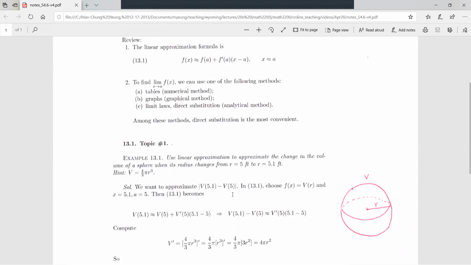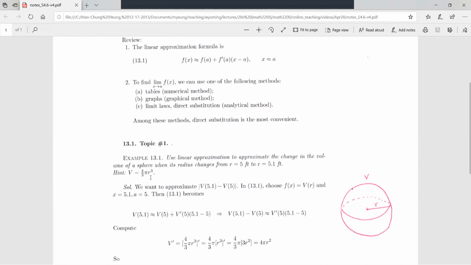Now we need to approximate this change by using this formula. To use this formula, we need to determine the function, and we need to determine X, the point, and the point A. For the function f, we choose volume.